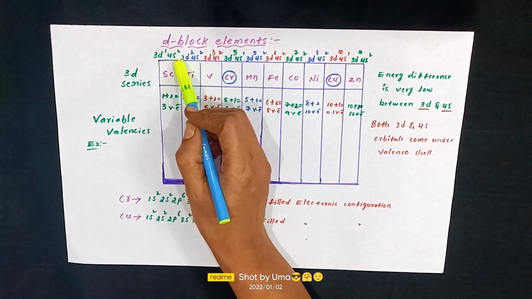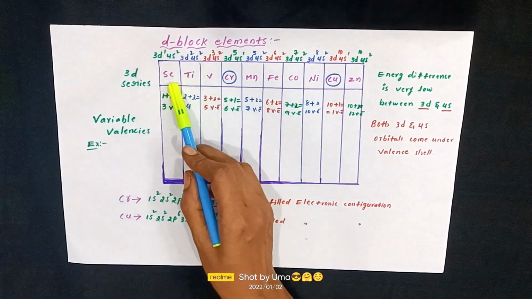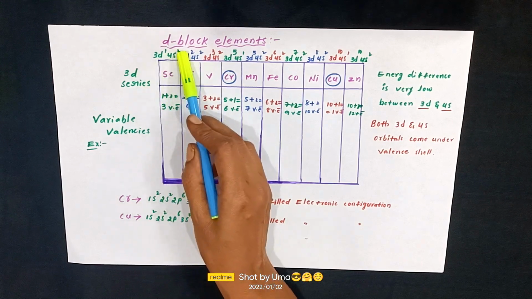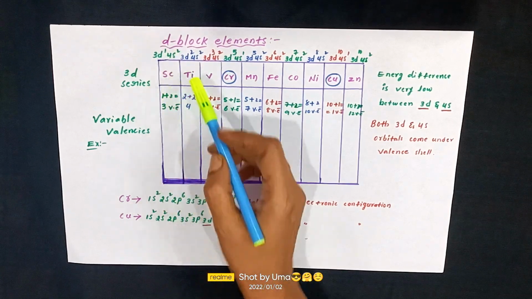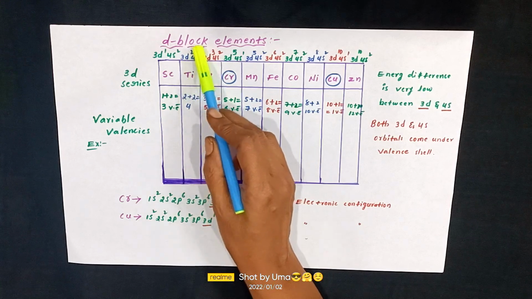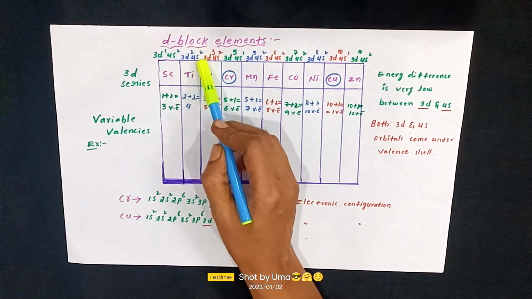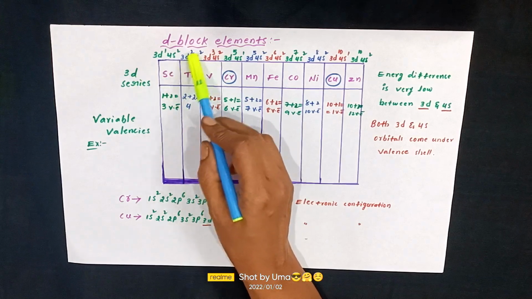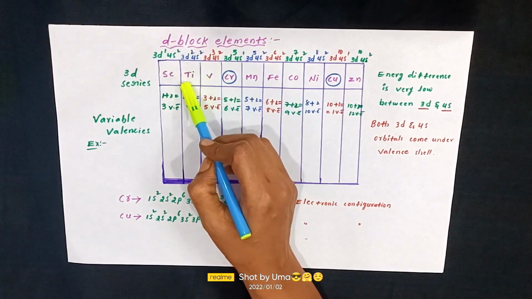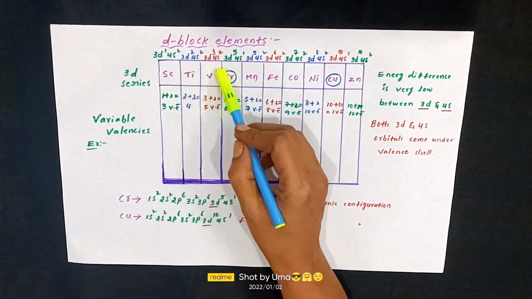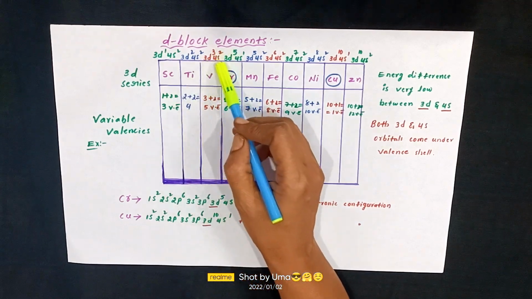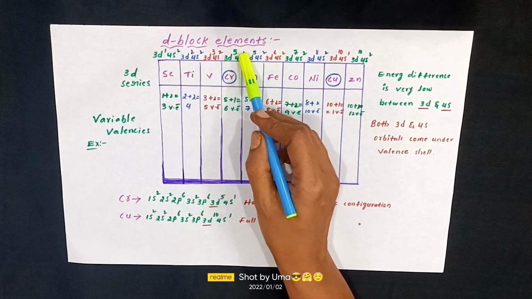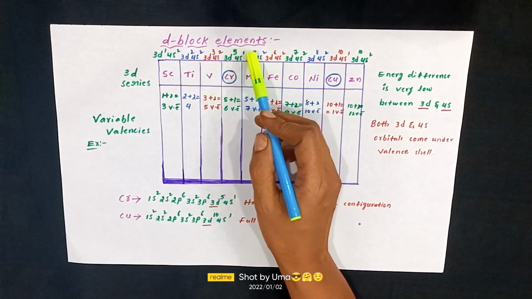If you write the electronic configuration for scandium, you get 3D1 4s2. For titanium, 3D2 4s2. Sorry children, it is the 3D series, so that's why it gets 3D2 4s2. Vanadium gets 3D3 4s2, and chromium gets 3D5 4s1, children.